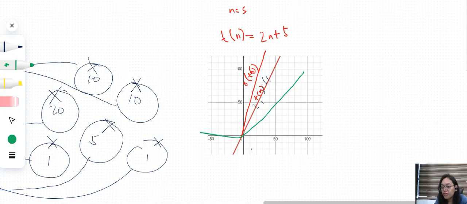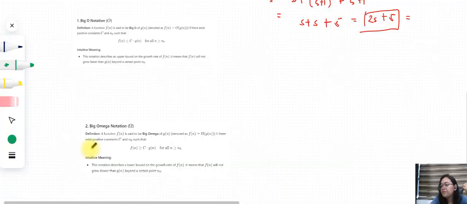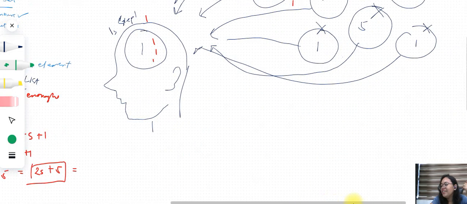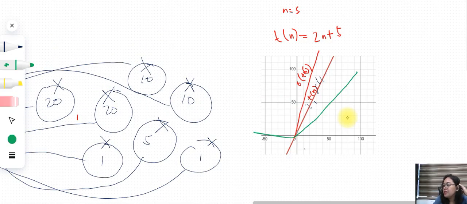But it will never cross it. It will never cross this line. So this is your lower bound. Lower bound is the big omega. Let me just confirm, I get confused between omega and theta. So this is your big omega here.